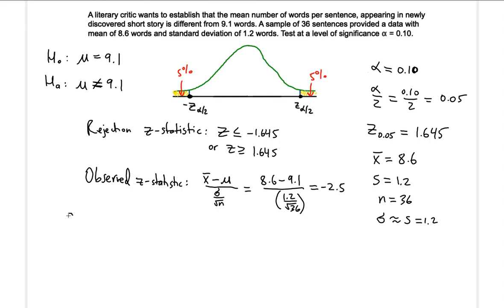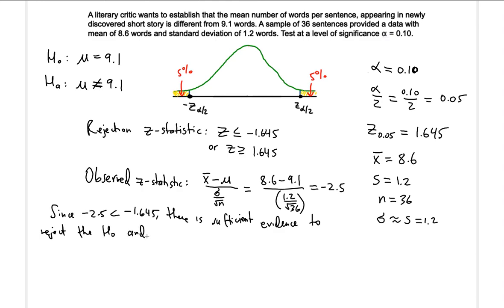Since negative 2.5 is not only equal to the start of the rejection region on the left side, minus 1.645, but actually even below it, we know that there is sufficient evidence to reject the null hypothesis and conclude that the mean is not 9.1.